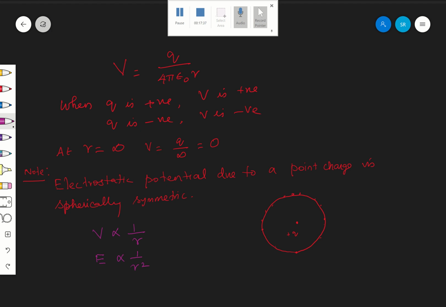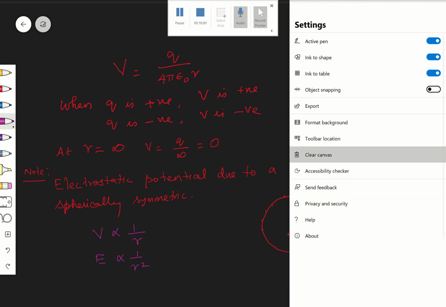Therefore, now I'm going to plot a graph of the variation of electric potential as well as electric intensity with the distance from the point charge. Now we'll go to the next page.